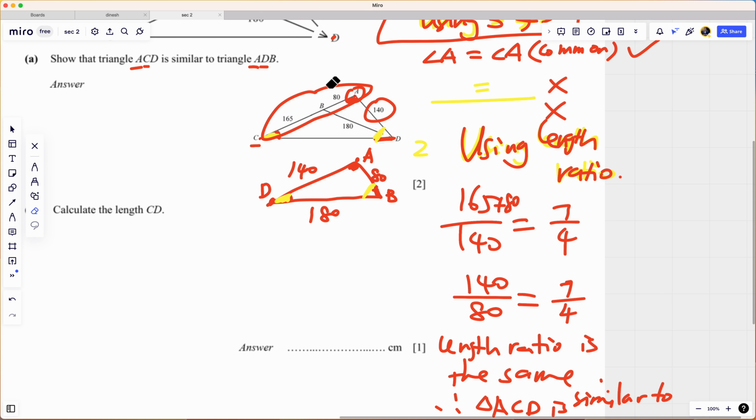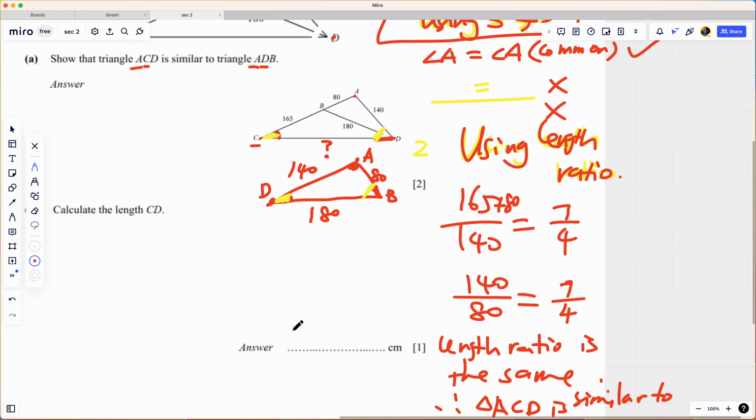now the question is, how do you find this question mark CD? They are similar. So what do you mean?